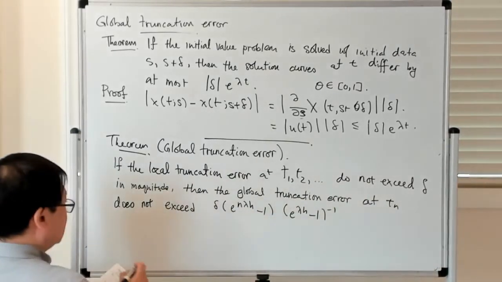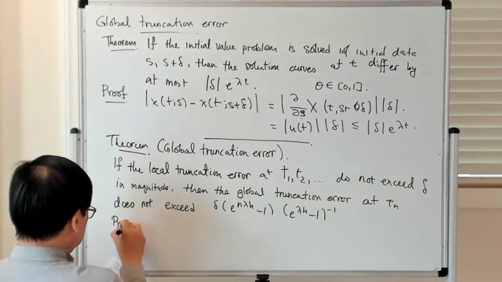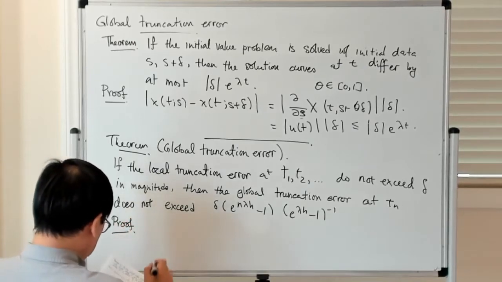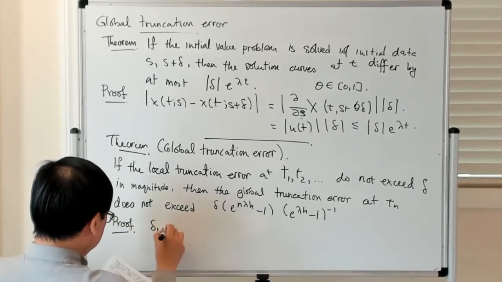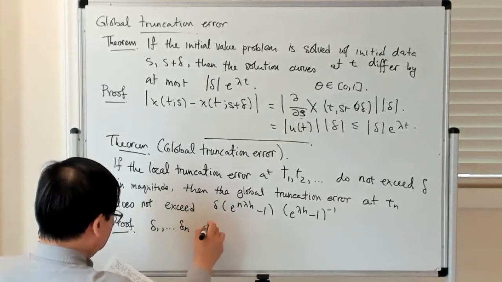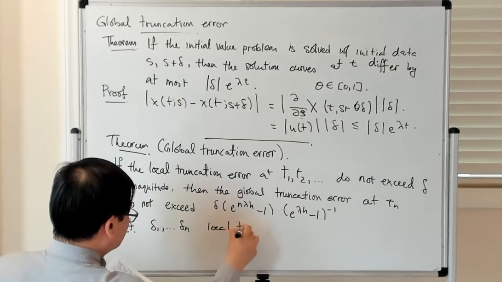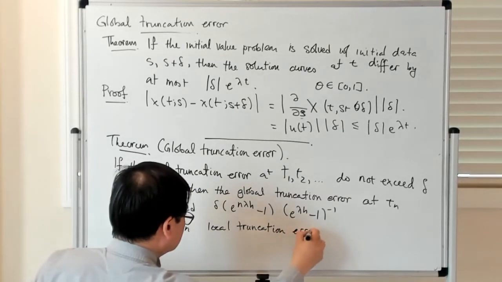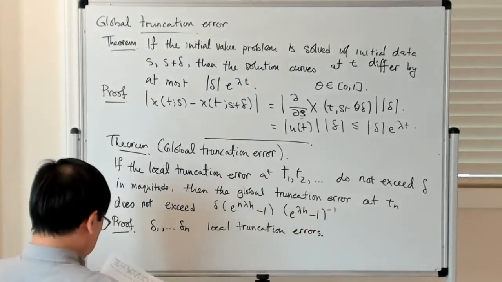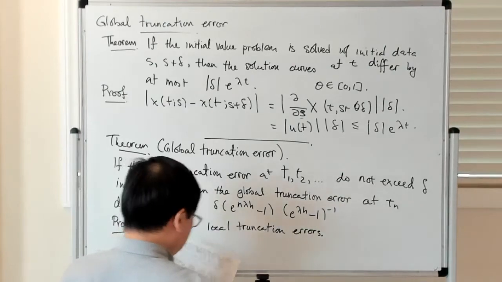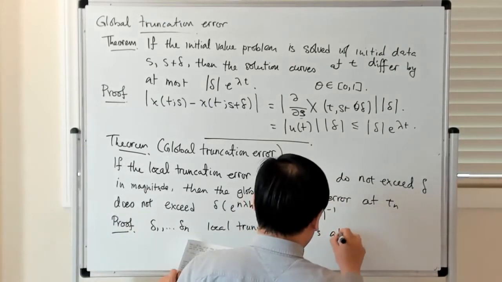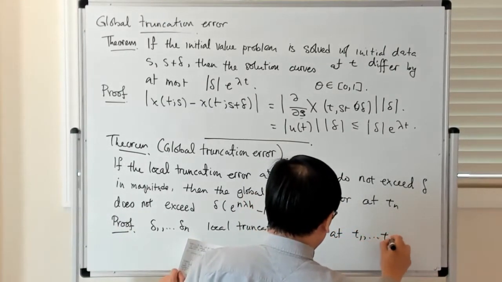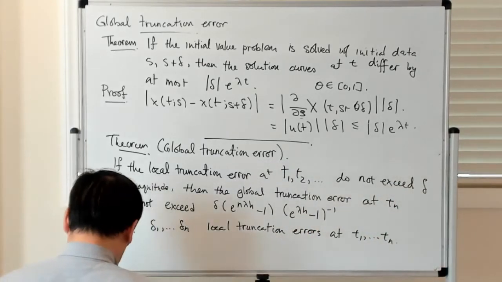Okay, so let's prove this. Okay, so we have truncation errors delta 1 to delta n, which are the local truncation errors at T1 to Tn respectively.